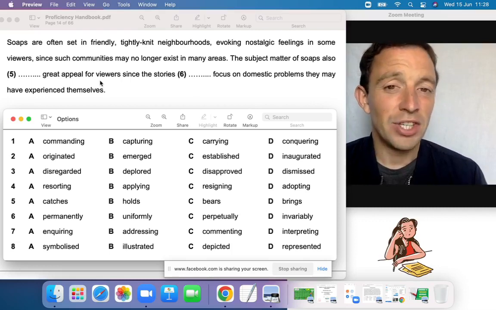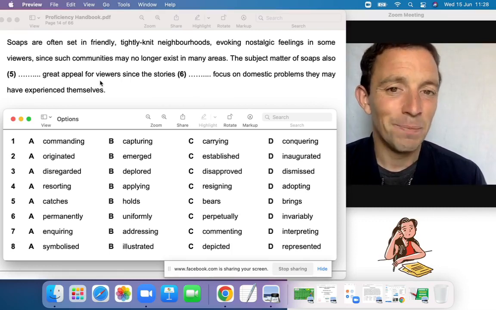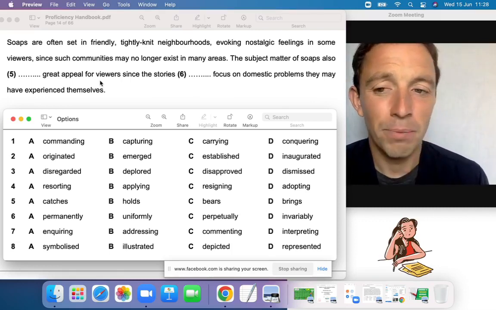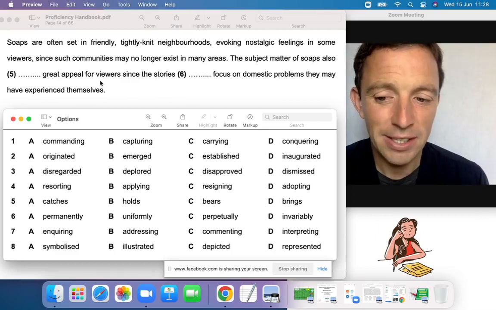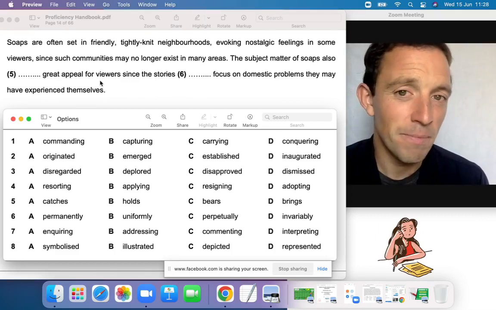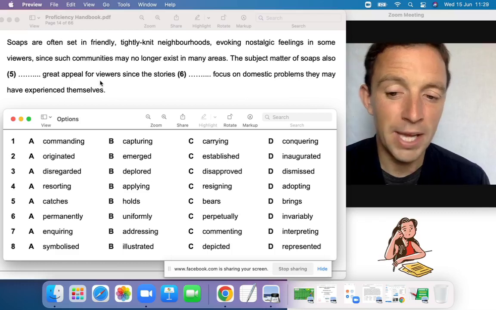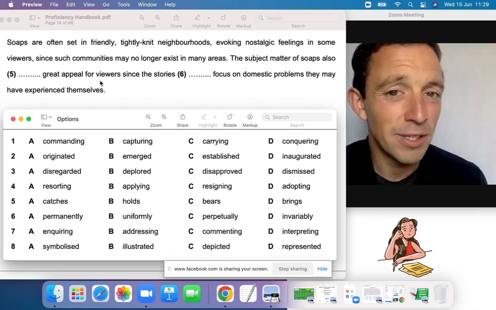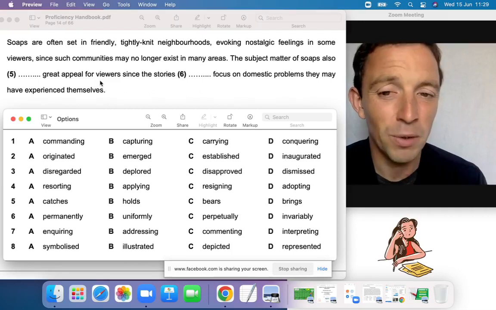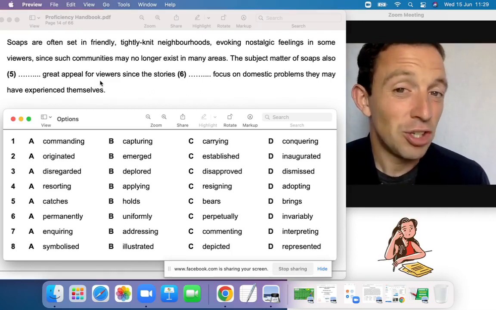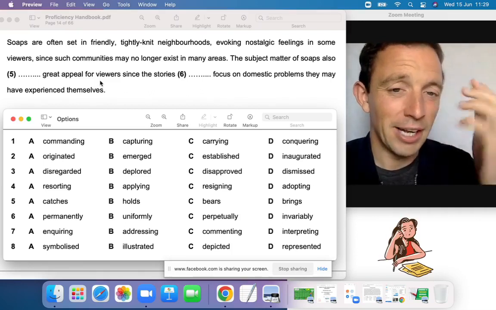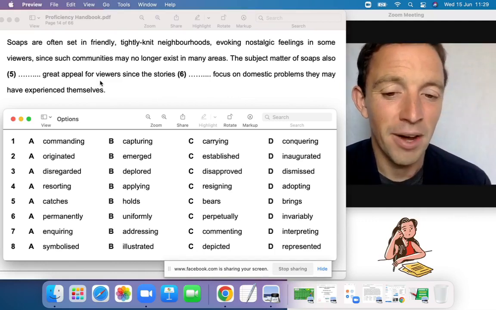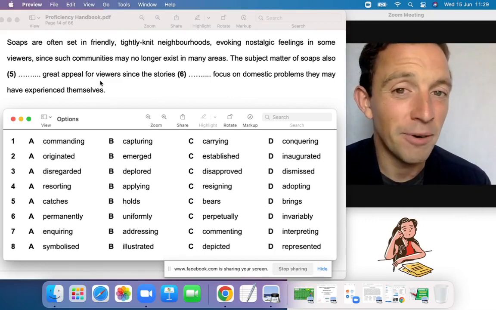So I have a decision between A and D. I don't know what you think, but for me, I would suggest the best answer from my point of view would be invariably. And I think that's very, very fluent. Invariably focuses on. That's just my instinct, my ear, and my recognition of what I have read before.